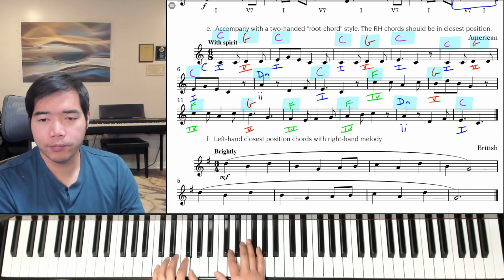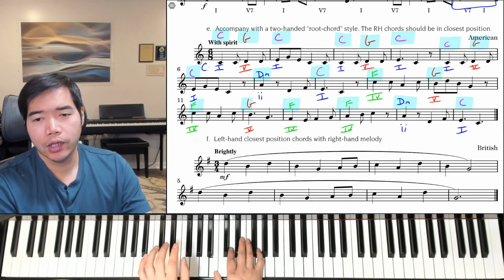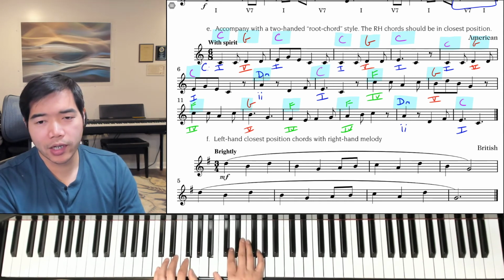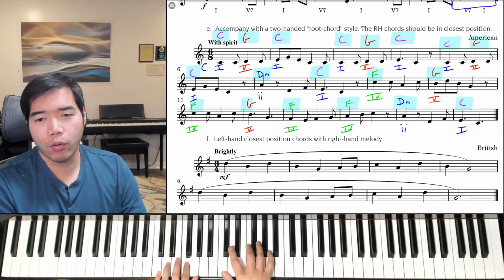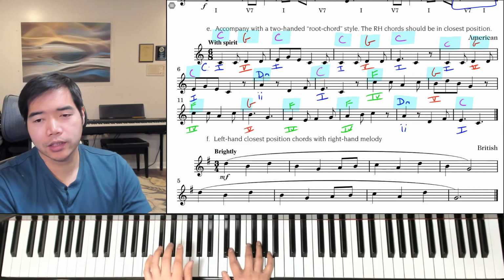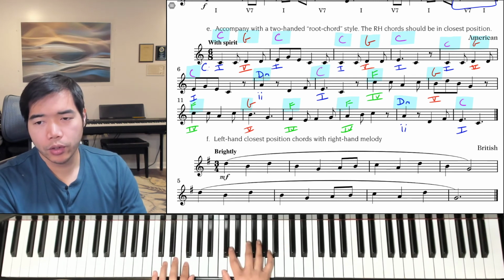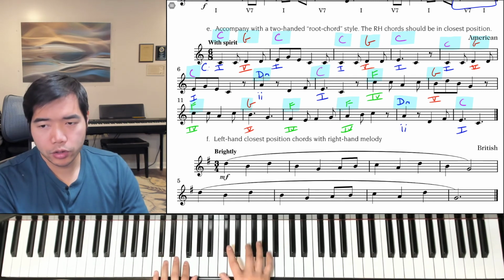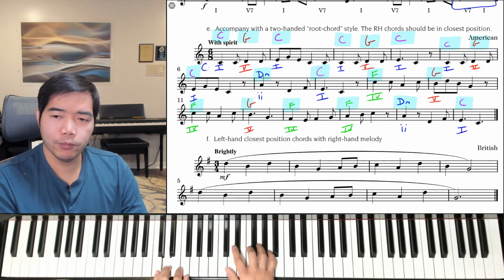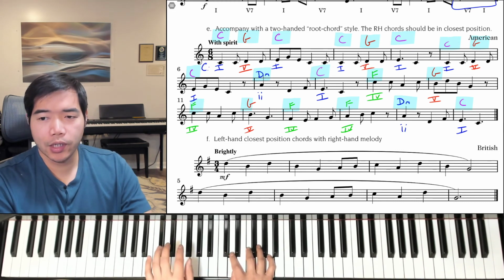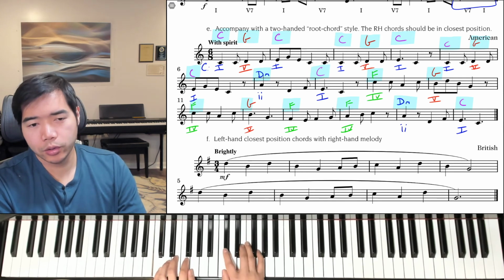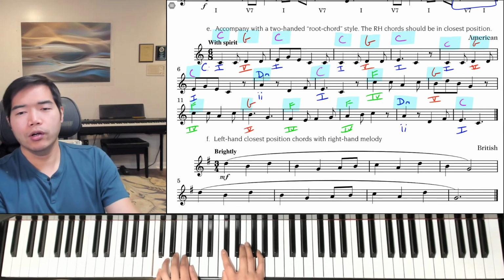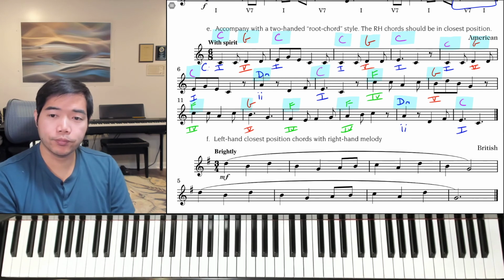Chord. 1, 2, 3, 4. Chord and 1, 2, 3, 4, 5, 6. 1, 2, 3, 4. 2 chord. 1, 2, 3, 4. 1 chord. 1, 2, 3, 4, 5, 6.